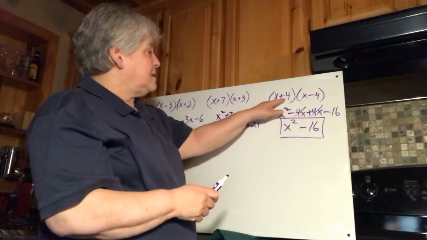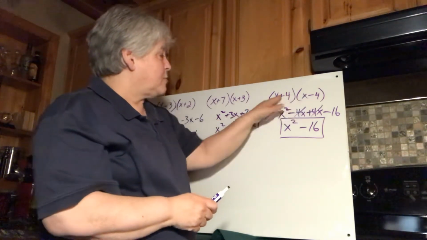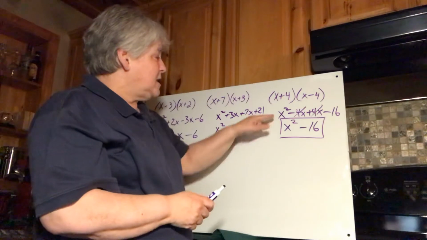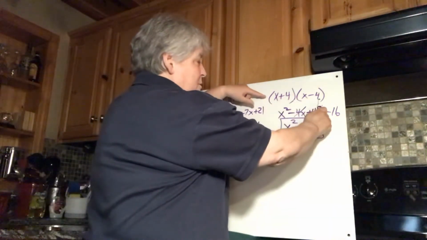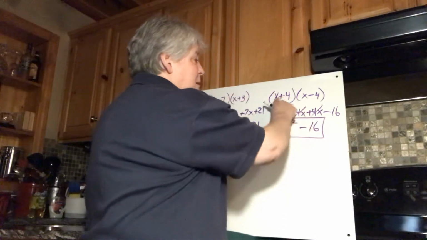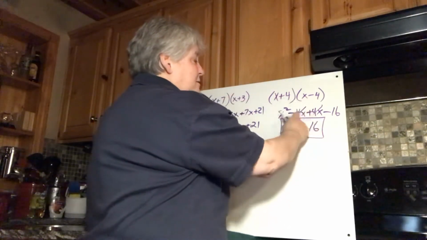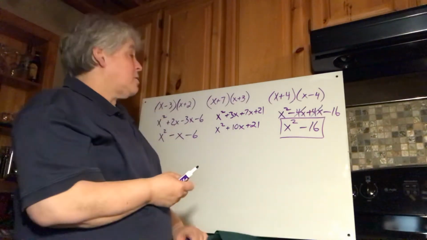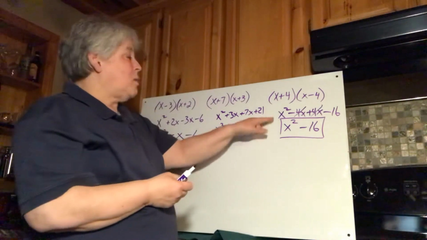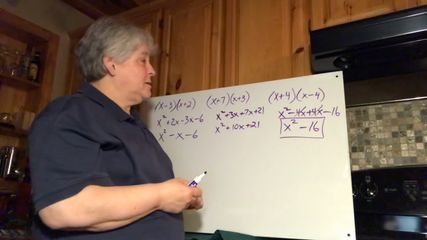The fact that these look alike, the x and the 4, means we get the same size, because the outers are a 4x and the inners are a 4x. But because of differing signs, they end up canceling each other out because they're opposite in sign. So that's why we ended up with only 2 terms.